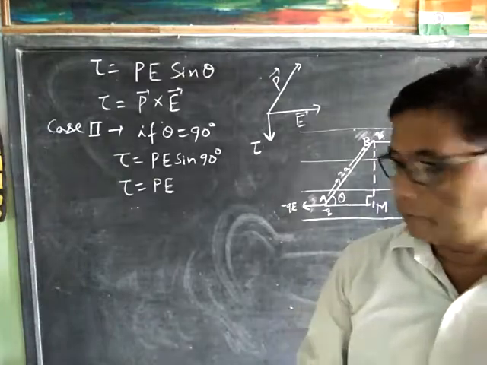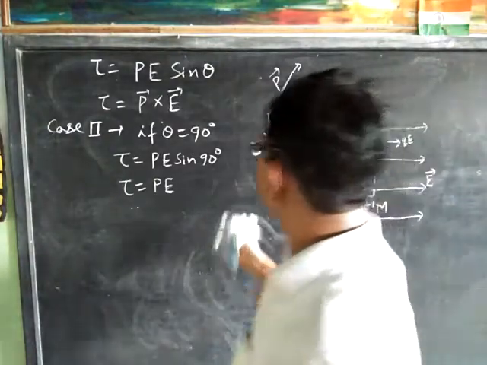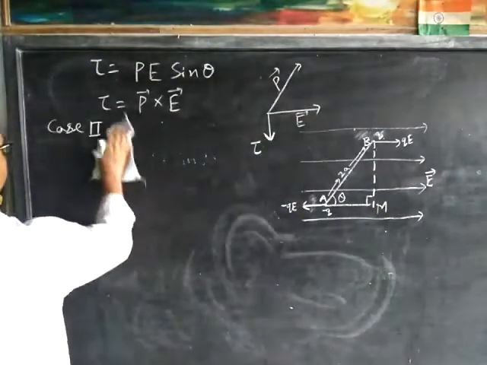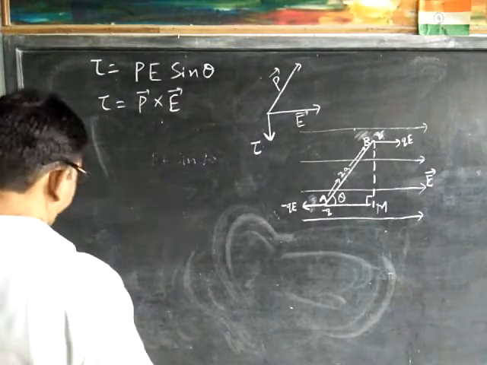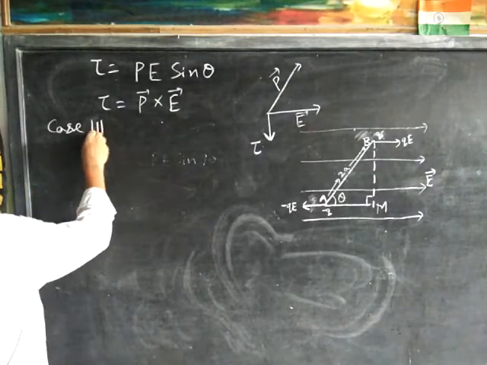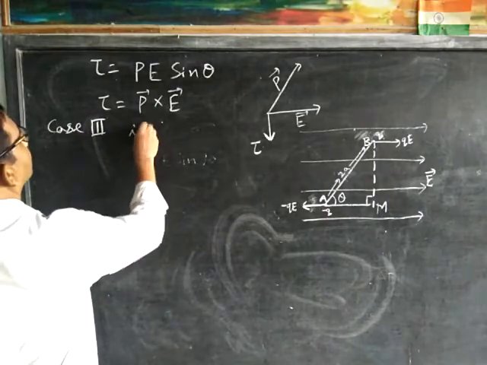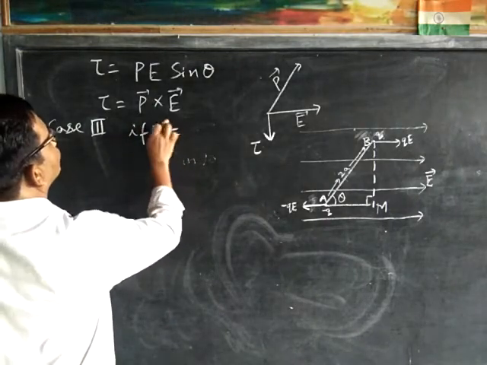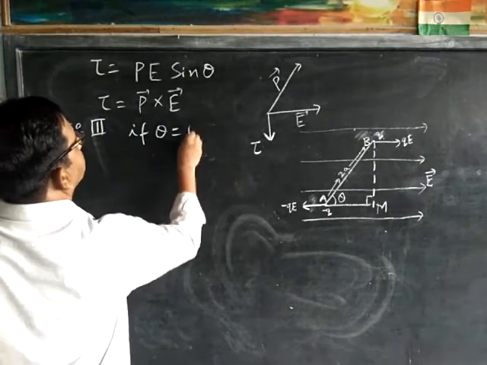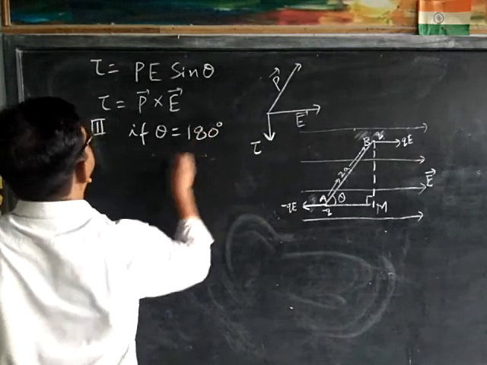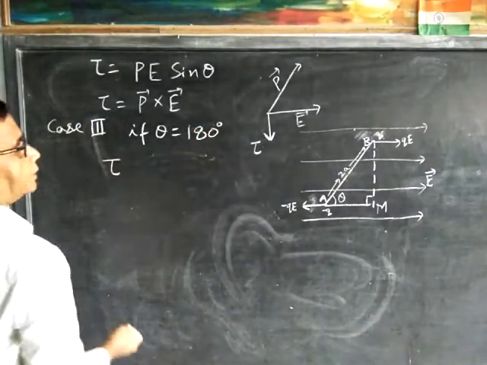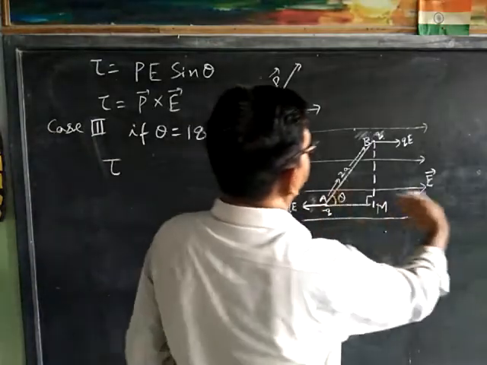Now case third, if theta is equal to 180 degree. 180 degree means anti-parallel.